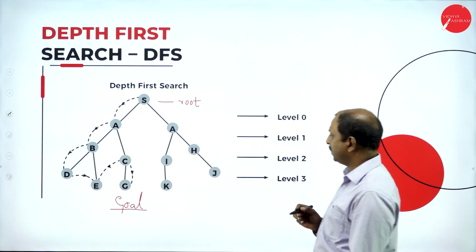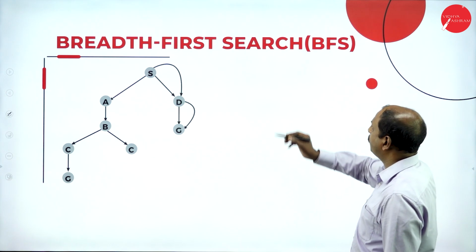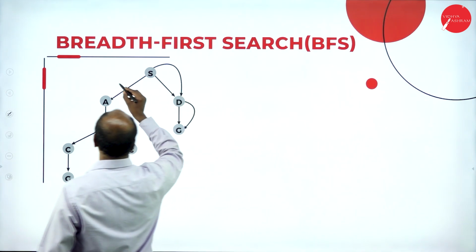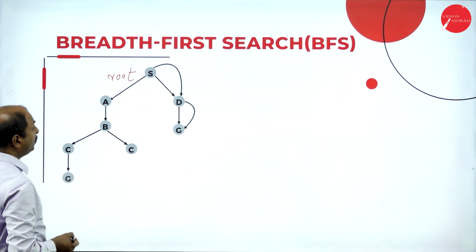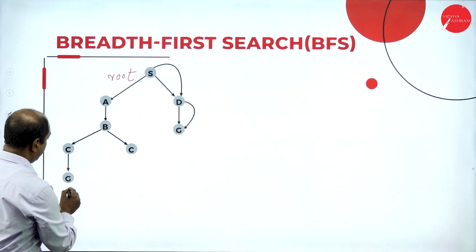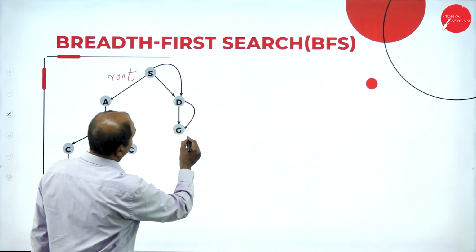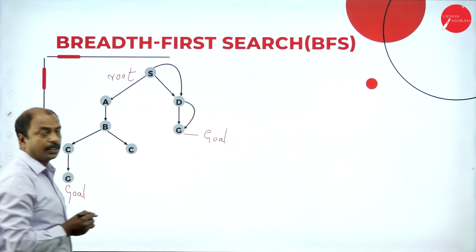Now look at the diagram for breadth first algorithm. See here, this is the root node, and here is G, this is a goal node, and here is also a goal node.